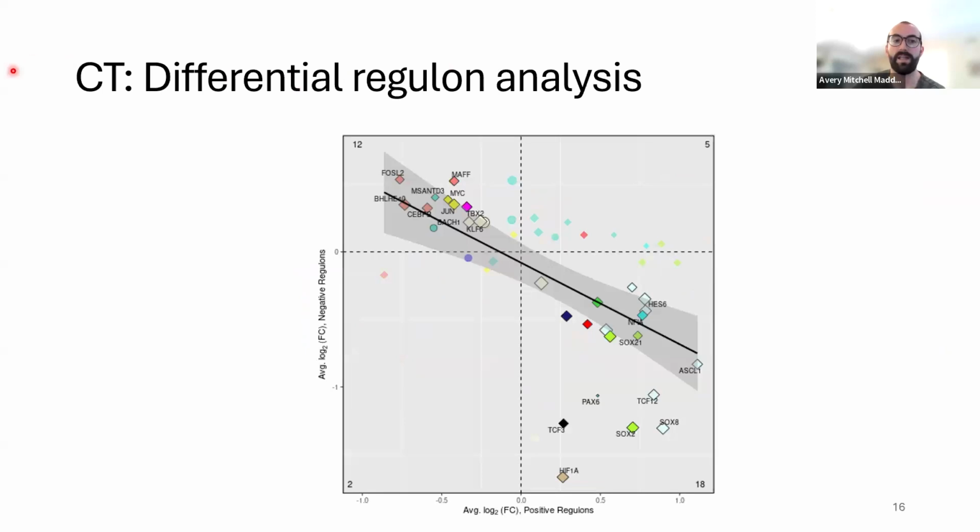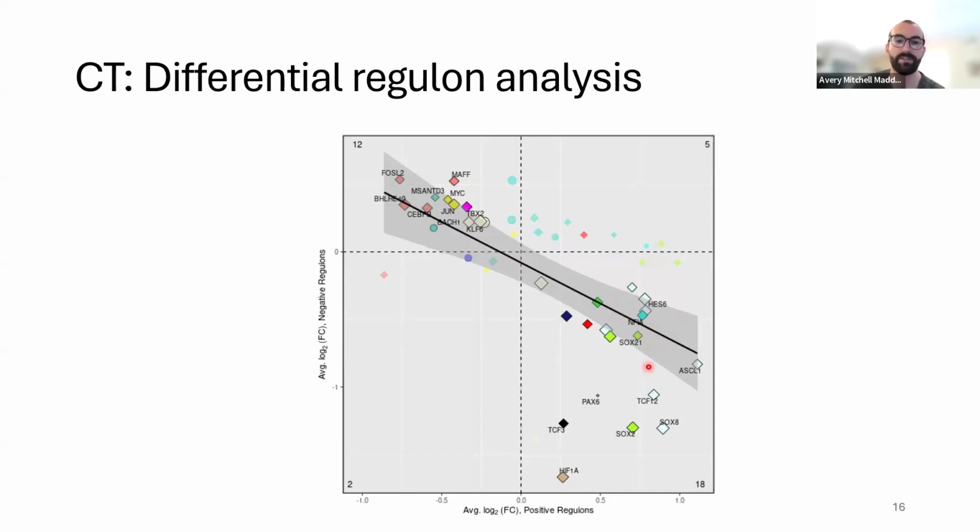And then we can verify if these regulons that we detected actually have an association with the region. So to explain this figure here, each point is representing a transcription factor, a regulon-defining transcription factor, and they're colored by their module assignment within the gene co-expression network.